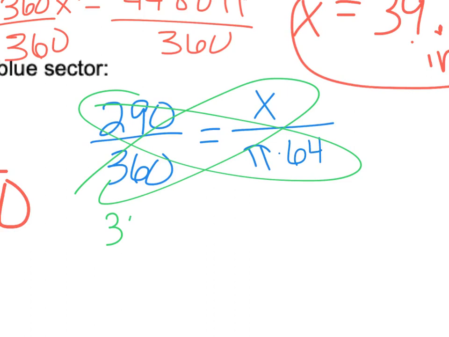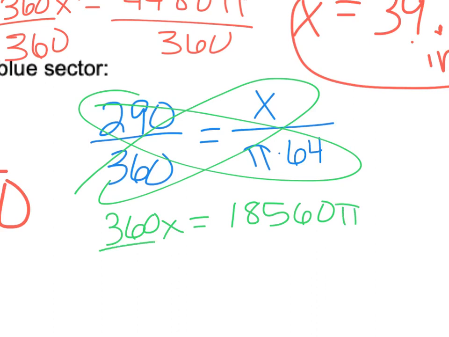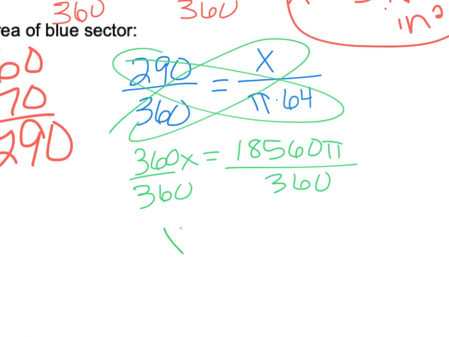And then we're just going to cross multiply again. We get 360x equals, if we take 290 times 64, we get 18,560 times pi, because that pi is still there. To get x all by itself, I divide both sides by 360, and again, putting it into the calculator, I need to make sure that I'm doing that correctly.